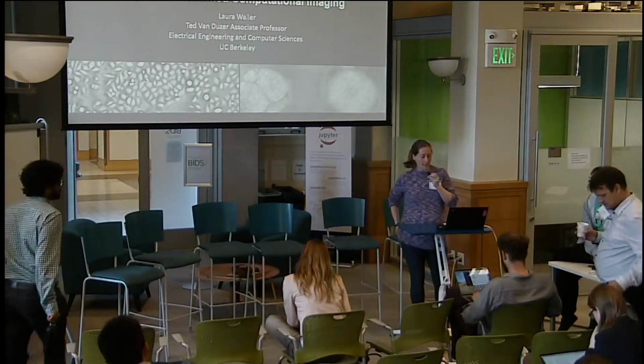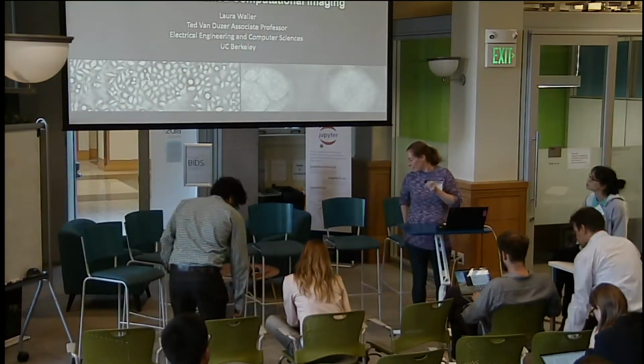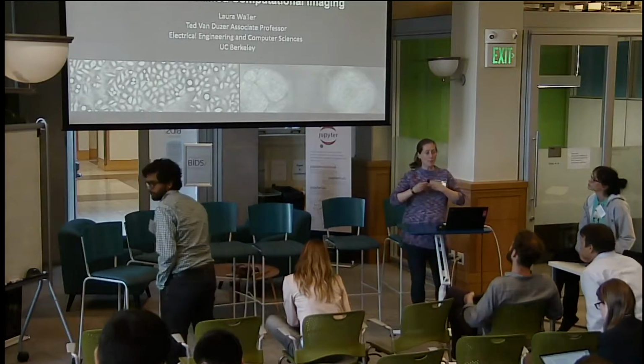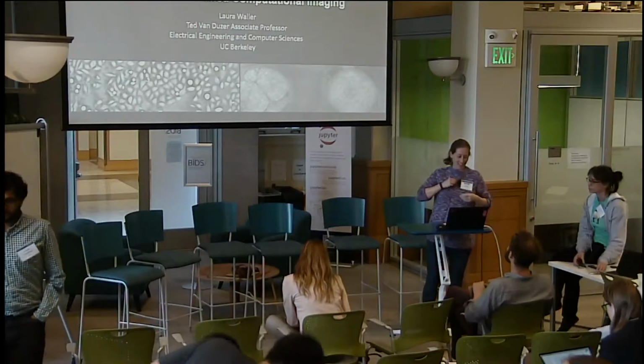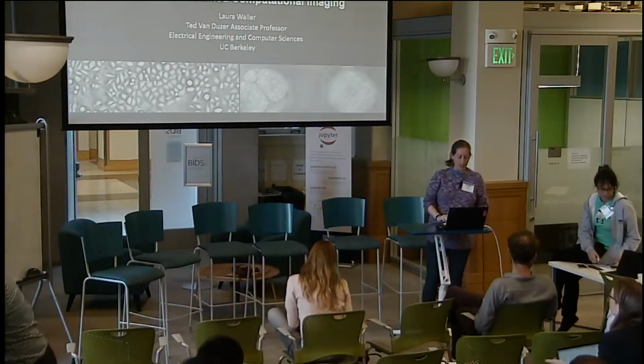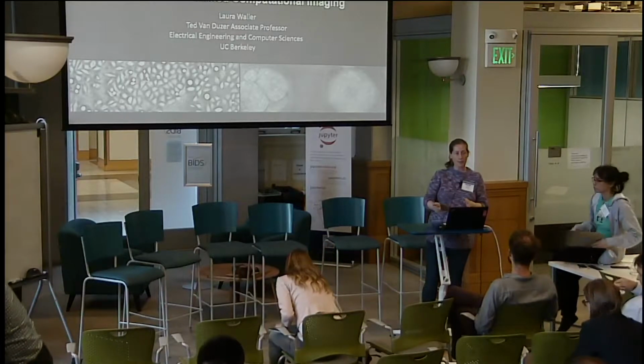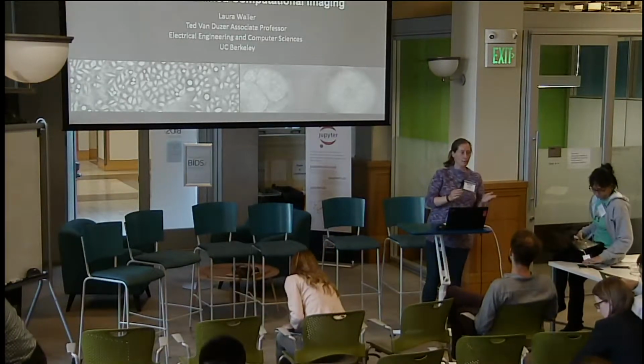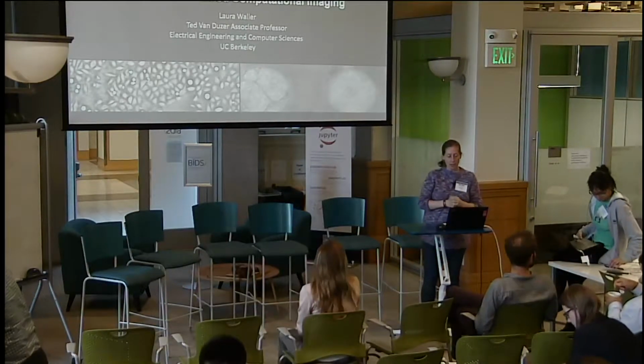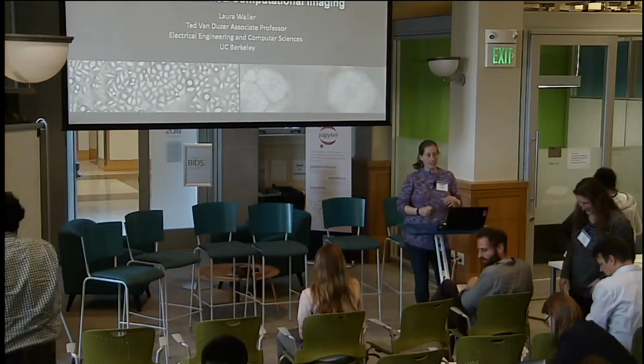So I'm talking about something with more physics in it, in the sense that we're not solving physics problems with machine learning, or machine learning with physics, but we're trying to put the two together to do design of imaging systems.